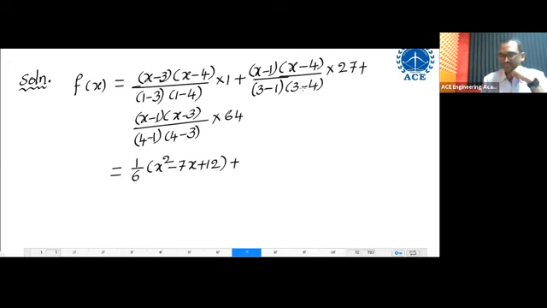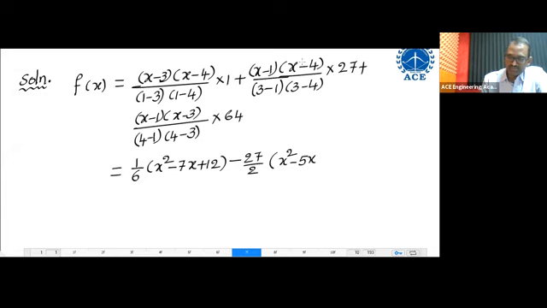Denominator: 3 minus 4 is minus 1, 3 minus 1 is 2, minus 1 into 2 is minus 2. So 1 by minus 2, minus 1 by 2 into 27, minus 27 by 2. x into x, x square minus 4x minus x.